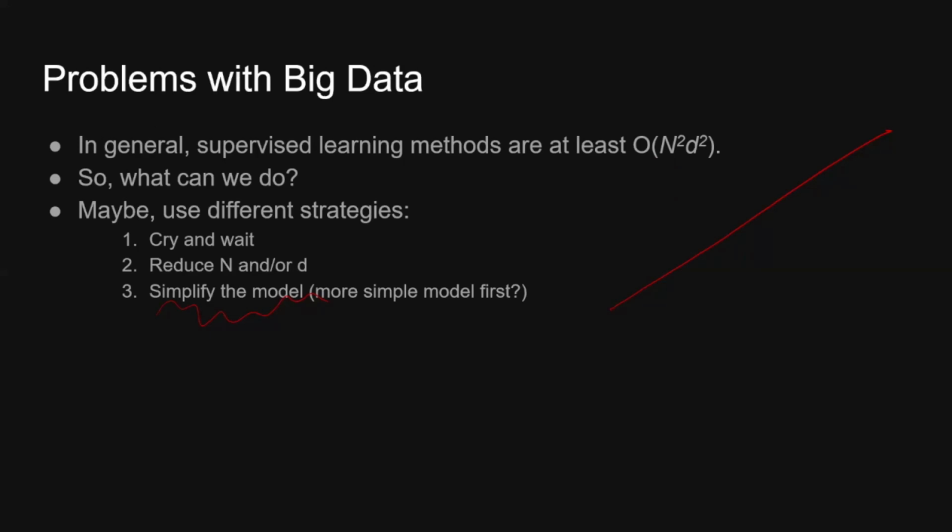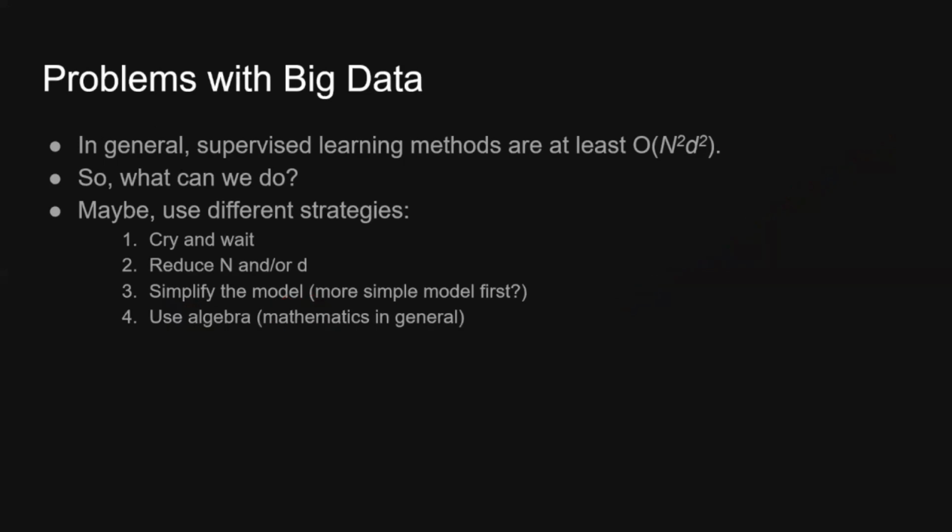Your peers, your friends, people in your conference and your society talk about deep learning nowadays, so you may have some motivation to use deep learning and those complicated models. But I tell you, if you have big data, maybe the first thing you want to try is to apply a linear regression model, just because of the sheer complexity of the data set.